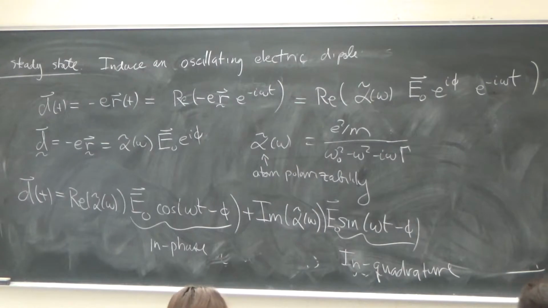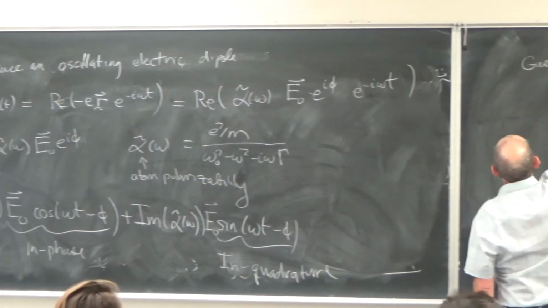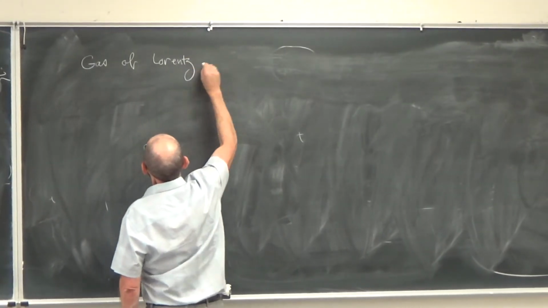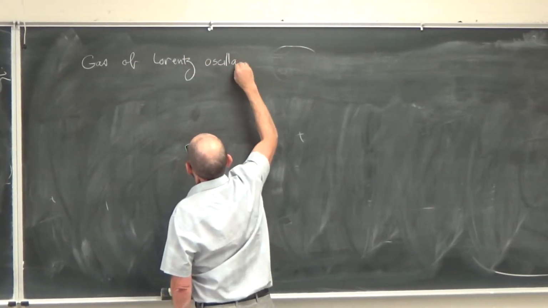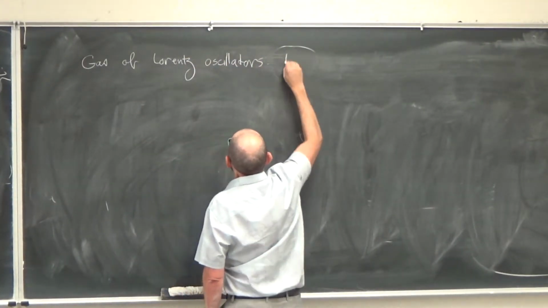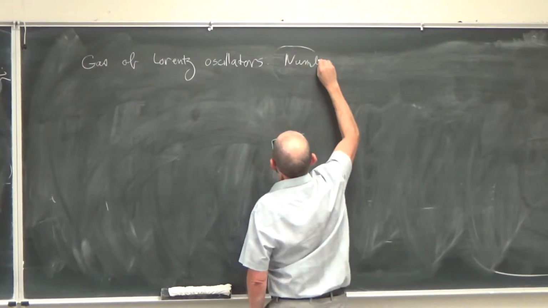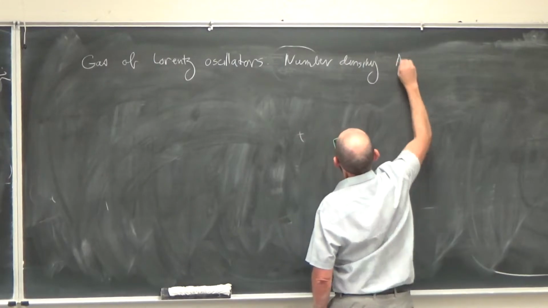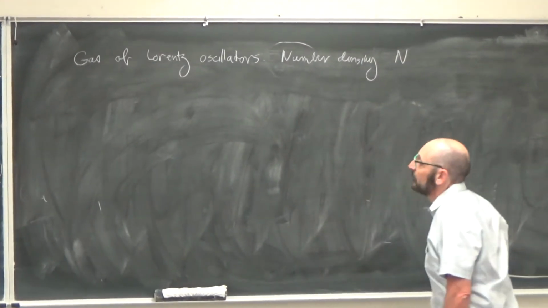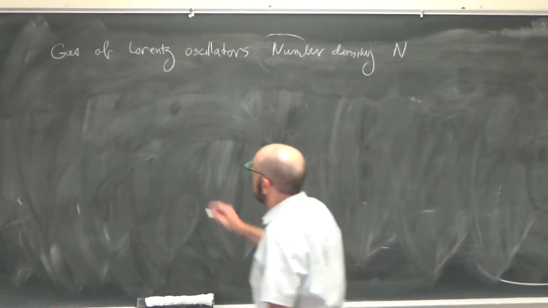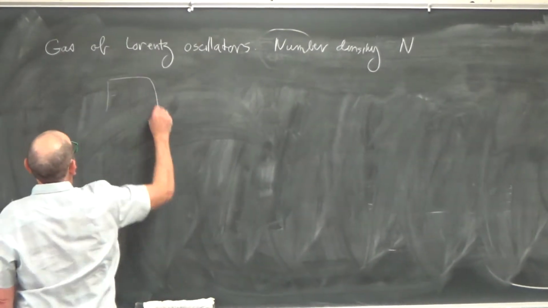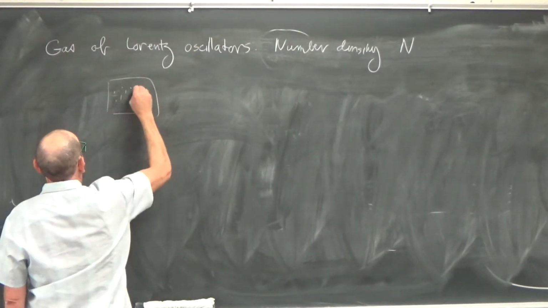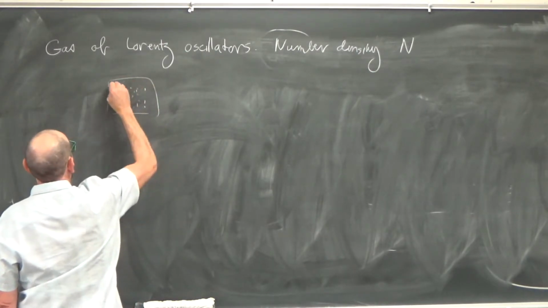So if I thought about a gas of Lorentz oscillators, with a number density, number of particles per unit volume, n. So I have some bunch of these in a dilute gas.